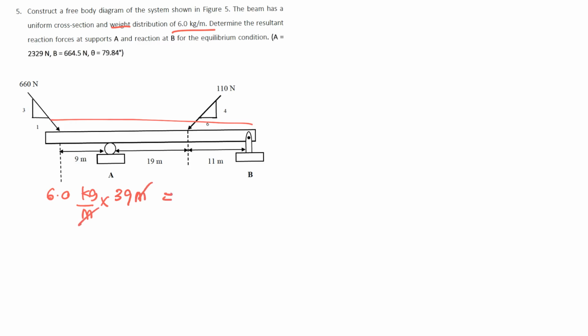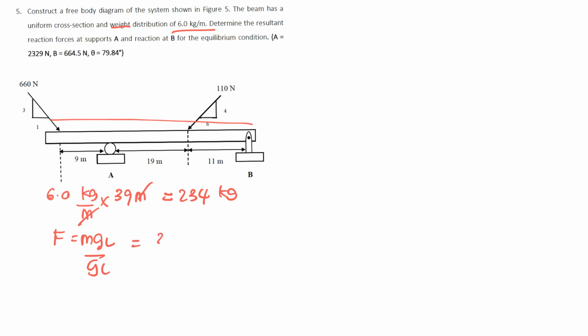So here the value should be 6 times 39. You are going to get 234 kilogram. Then you use F equals to m g_L over g_c to find the weight or gravitational force.